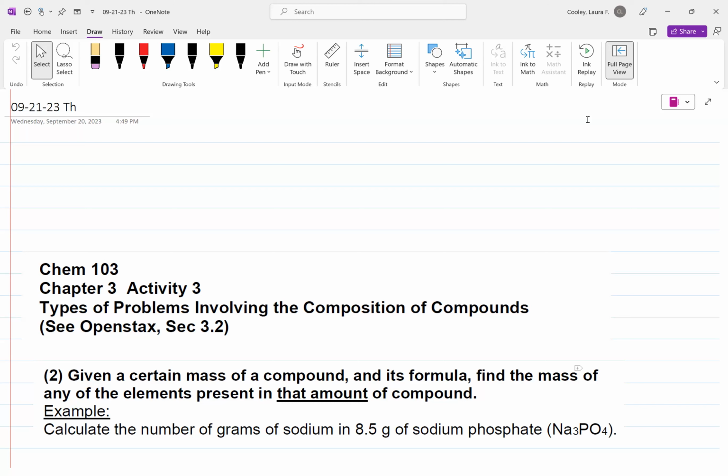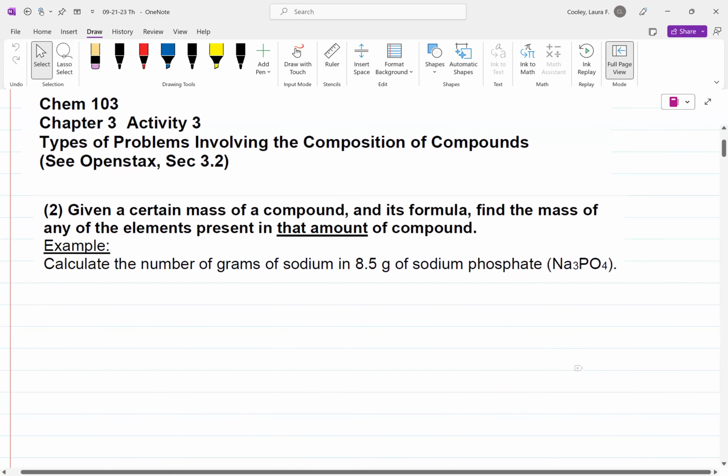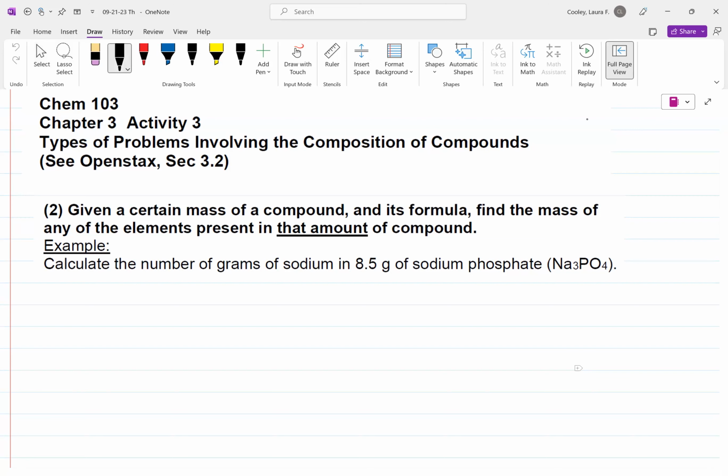So anyway, we are working our way through the activities for chapter 3, and we are up to this one. I started to do this one way, but I decided to tell you there are 2 ways to do this problem where you're given a certain mass of a compound.